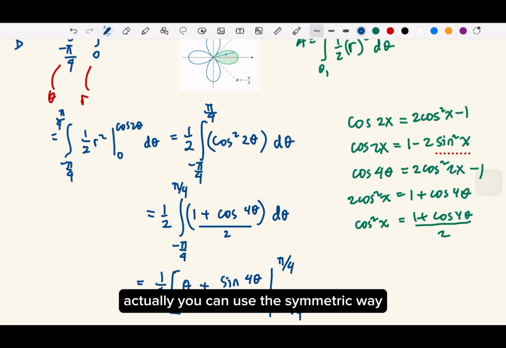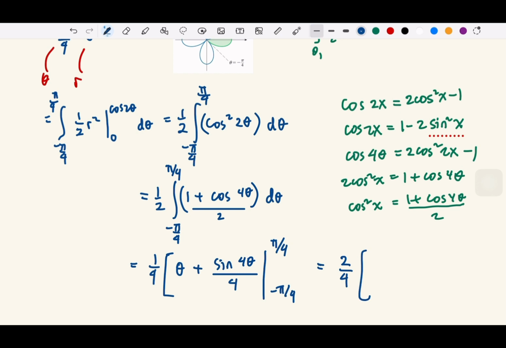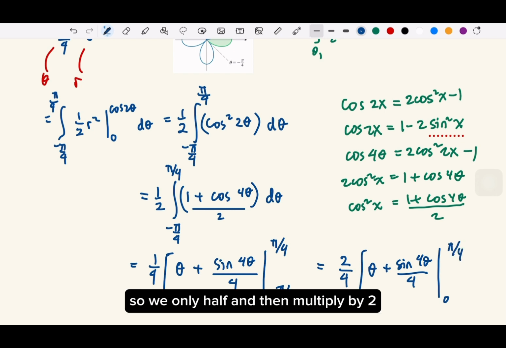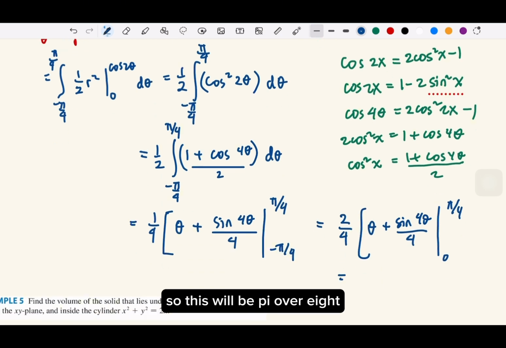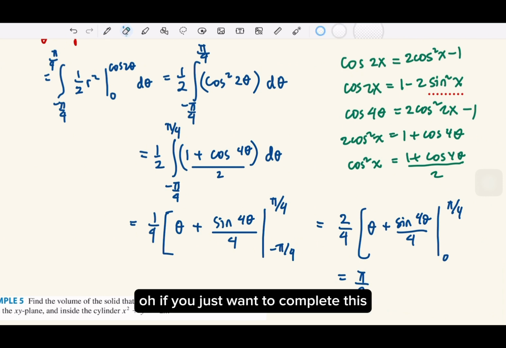Actually, you can use the symmetric way. So this will be equal to 2 over 4 from 0 to pi over 4. So we only take half and then multiply by 2. So this will be pi over 8. Or if you just want to compute this, it's okay, it will be the same.